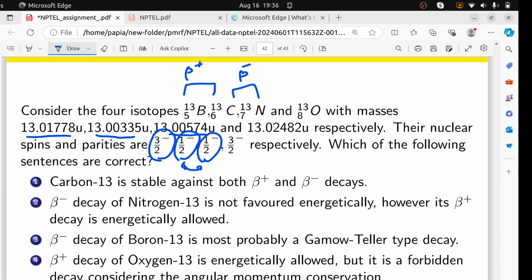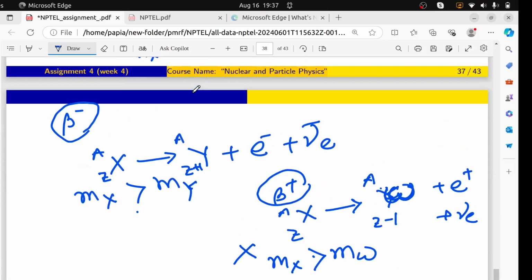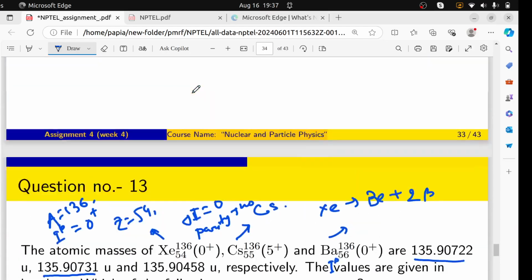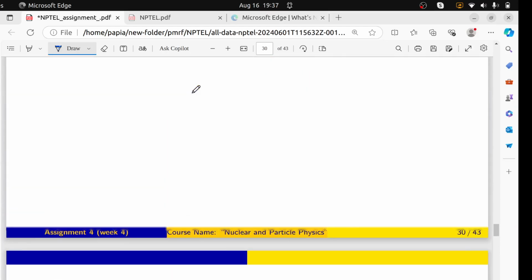So beta plus case, Iπ 1/2 minus to 3/2 minus. So delta I is 1 and parity no change. Let me see the table. Delta I is 1, parity no change. Is it allowed or not?